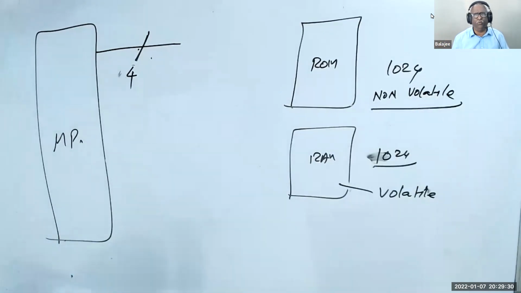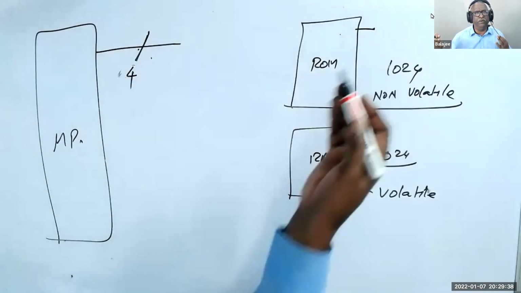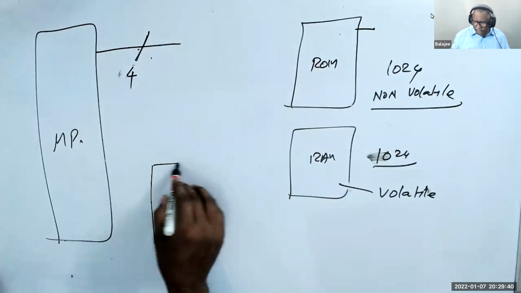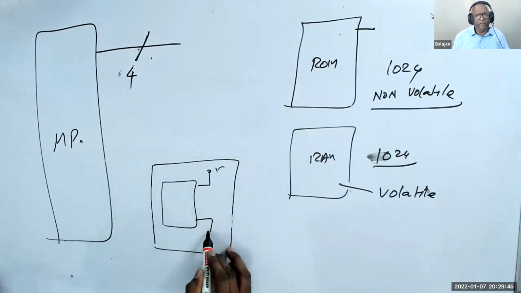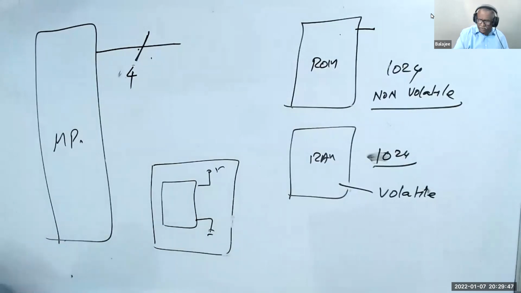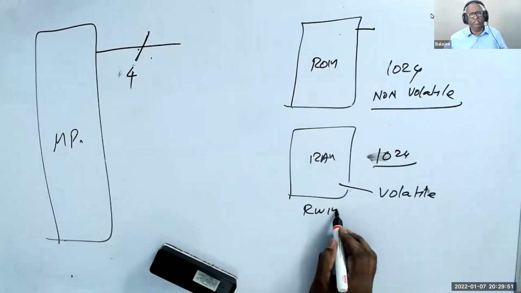You understand? What is non-volatile? Even if you remove the power, what is inside is permanently there. As I told you, it is internally all wired to 5 volt and 0 volt. It will never change. But the RAM, or read-write memory, you can change.